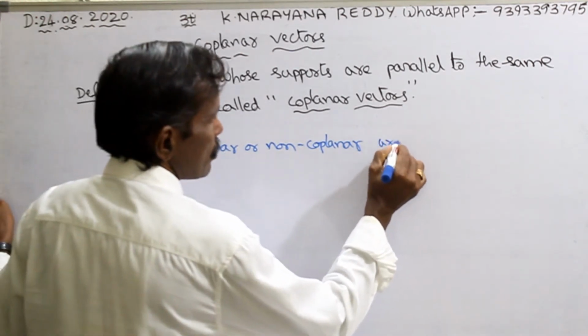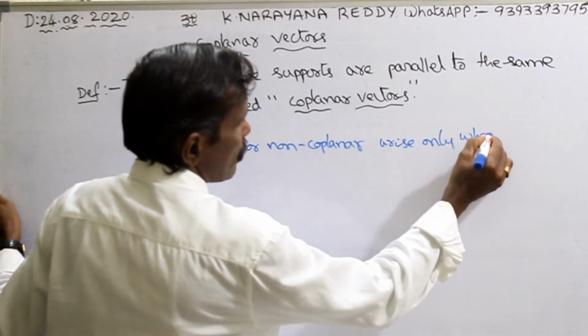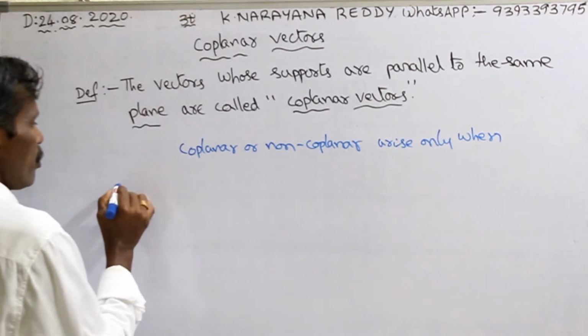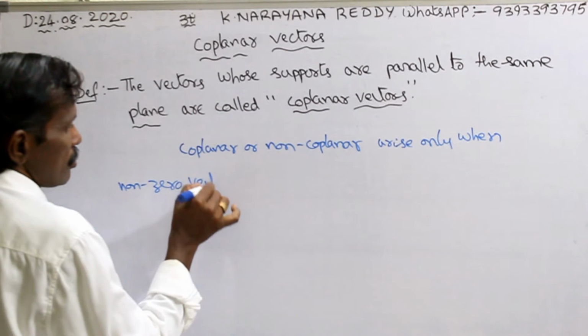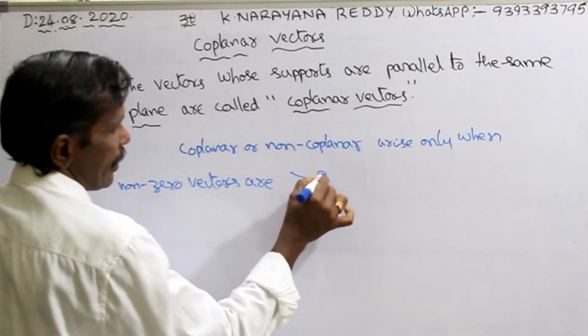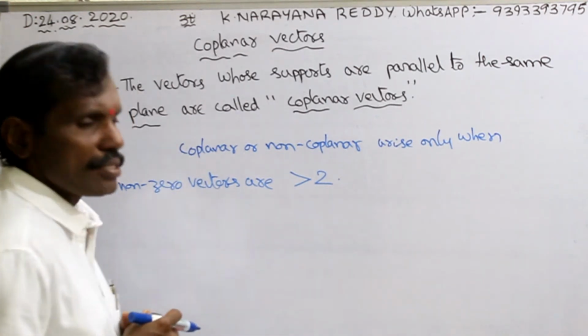They arise only when non-zero vectors are greater than 2. Okay? Greater than 2 means 3 or 4.